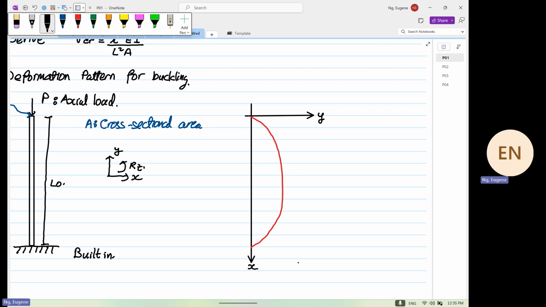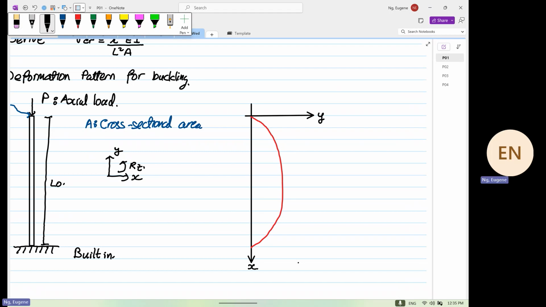Can you look at the deformation? How does the deformation look like? Does it look like buckling, yes or no? No. I repeat again. If you look at my ruler now, on this face, at this orientation now, when I press the ruler down, at the side, it looks like buckling. Agree or not? Yes. But from the front, does it look like buckling? No. Okay.